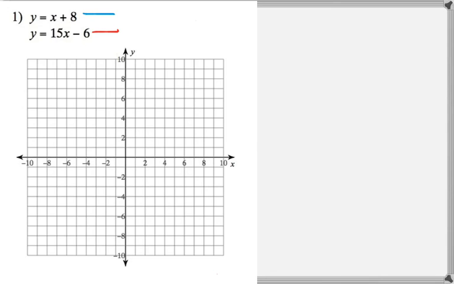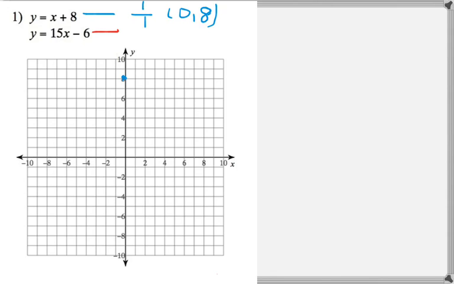So we first need to identify our slope. Our slope of the first line is 1 over 1. Our y-intercept is the point 0, 8. So our first step in graphing that line is to plot the y-intercept. So 0, 8 is the point located right here.